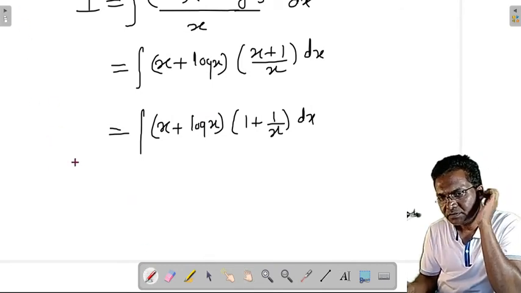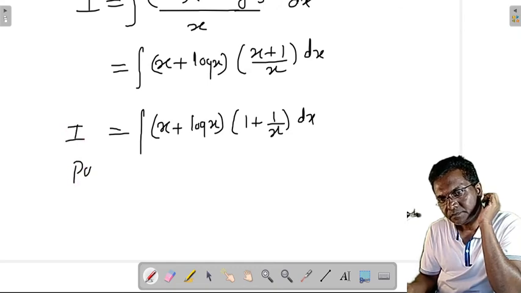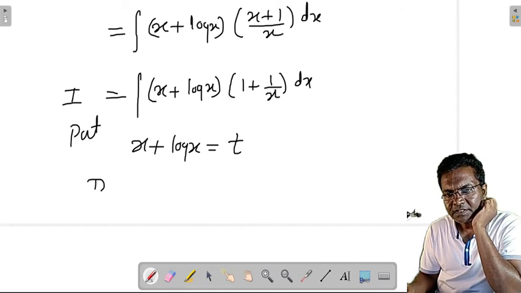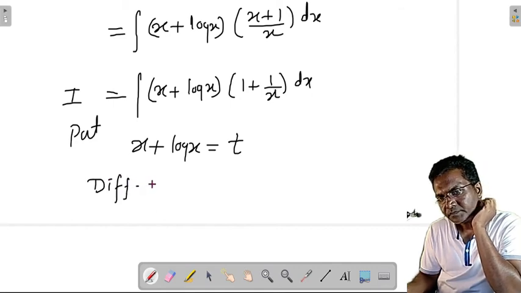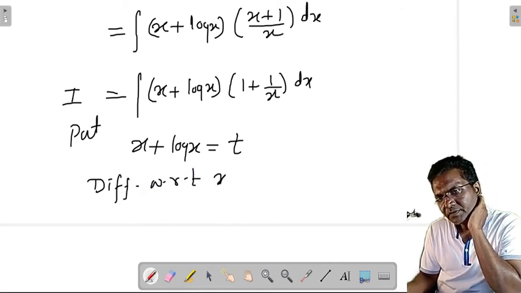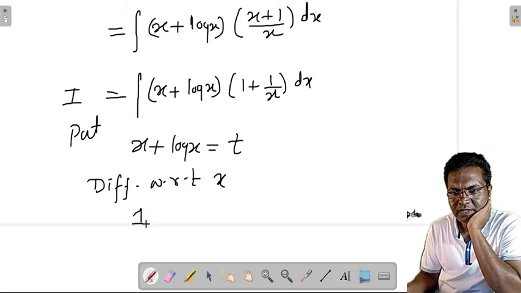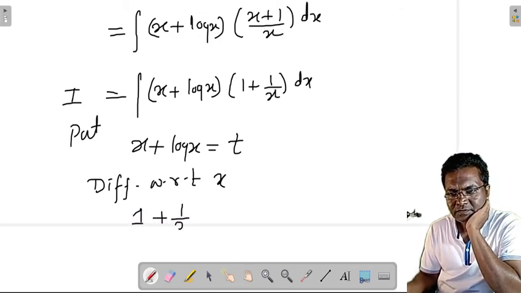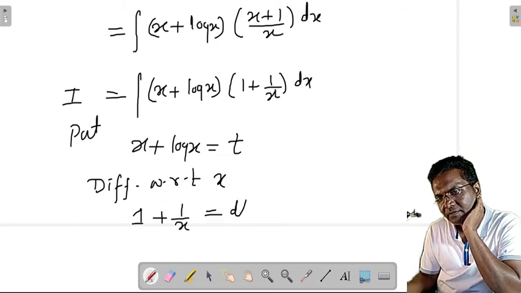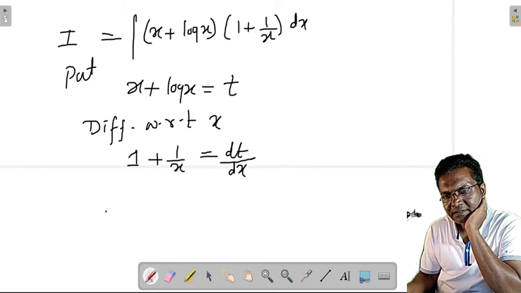Put x plus log x equals t and differentiate with respect to x. The derivative of x is 1, the derivative of log x is 1 by x, equals dt by dx, and that gives you (1 plus 1 by x) dx is dt.